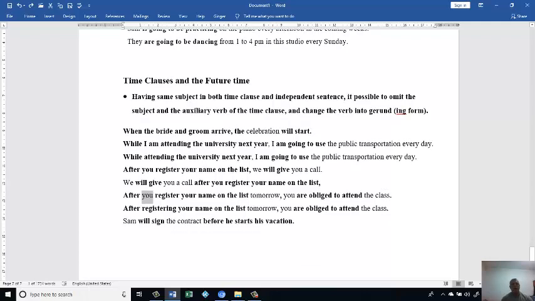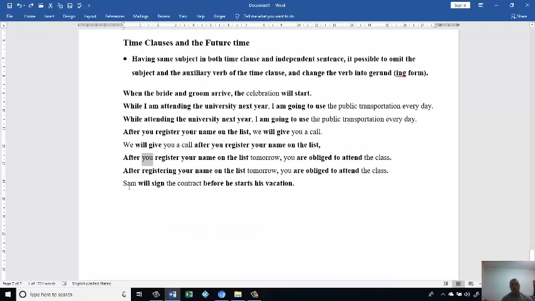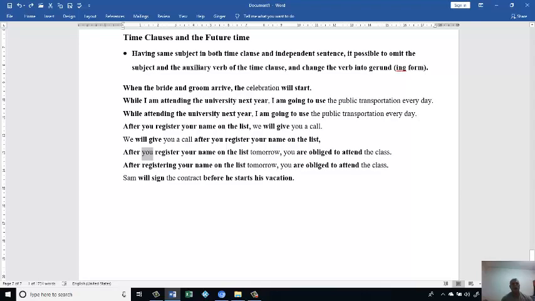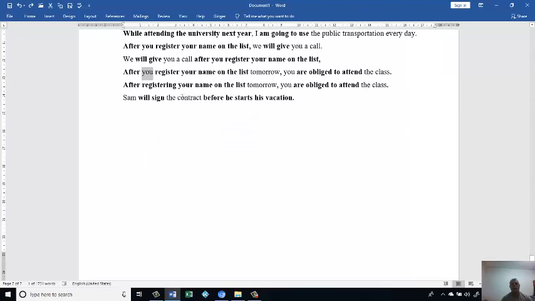If you look here, Sam will sign the contract before he starts his vacation. Here I didn't put a comma, because we said that if the time clause comes in the second part or the center of the sentence, we don't need to put a comma.